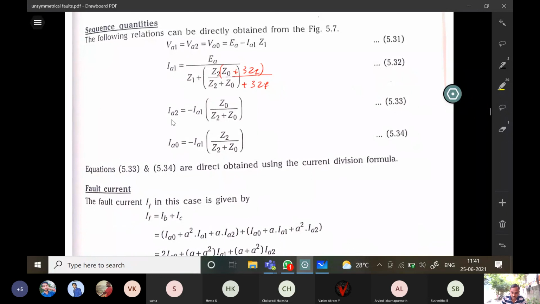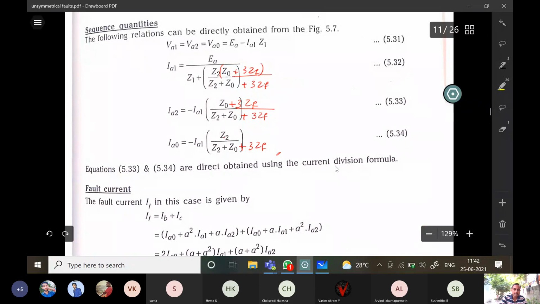Coming to IA2, it is equal to minus IA1 into Z0 plus 3 times of ZF divided by Z0 plus Z2 plus 3 times of ZF. This is the modification, and IA0 becomes minus IA1 into Z2 divided by Z0 plus Z2 plus 3 times of ZF. So these are the modifications here.